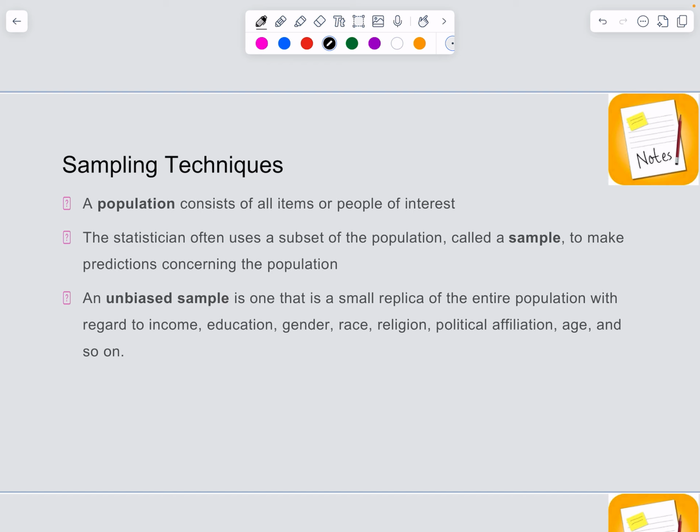An unbiased sample is one that replicates the whole population, whether it's income, education, gender, race, religion, political affiliation. It remains unbiased, right? And in statistics, that's probably the most important thing. You want to be very clear in the type of information you're gathering.